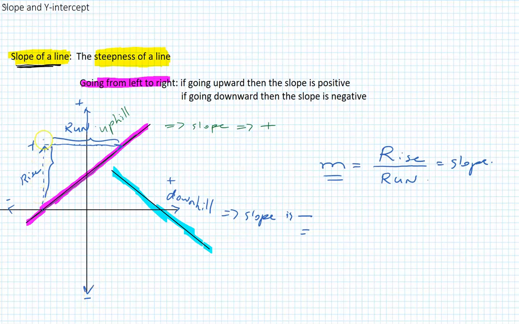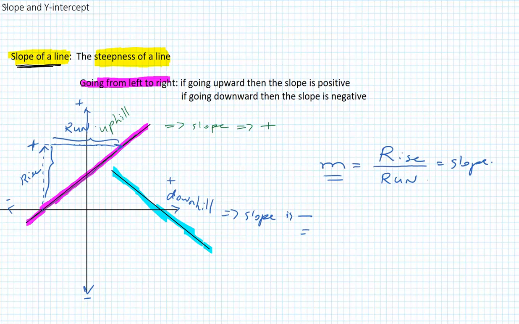So for rise over run, if the rise is up, that's a positive value for the numerator. And the run is the x value differential, and if you're going to the right, that's also positive.